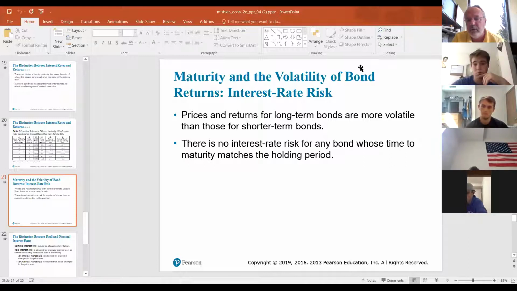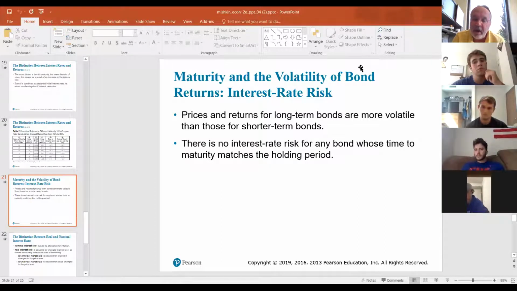There's no interest rate risk associated with that, right? When the bond matures, they will give you back the $1,000 that you gave them. But if you sell that bond prior to the maturity, you either will make a capital gain or you will take a hit if interest rates have changed. Makes sense, right?